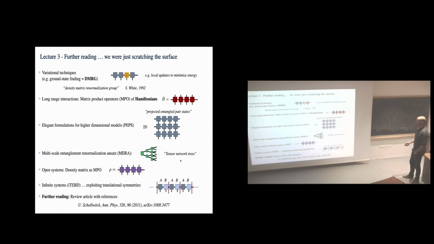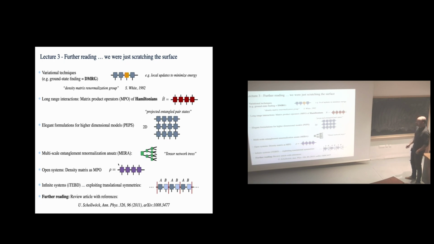Then there are things like tensor network trees. This is something I honestly don't know too much about. There's something called multiscale entanglement renormalization ansatz, or MERA. So the idea fundamentally is that one has some physical indices at one point, and then one coarse-grains the system into a virtual dimension, trying to distribute the entanglement in the system into this dimension.